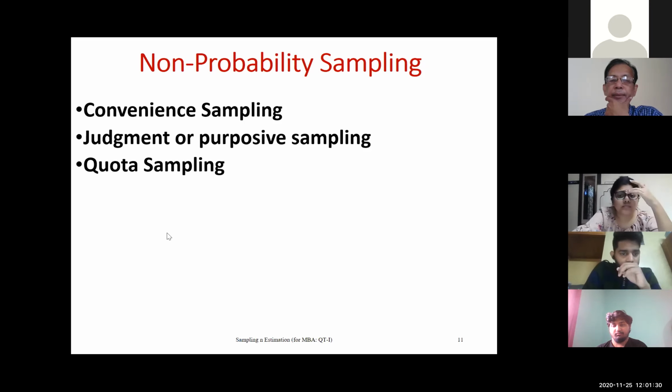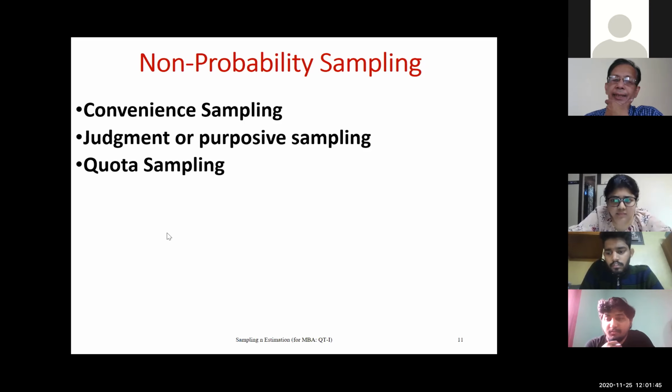Tanya, are you getting my question? No, sir. Sir, quota sample. Are you really going to do that? Actually, how do you do it, and how do students do it? Even researchers and teachers do that.